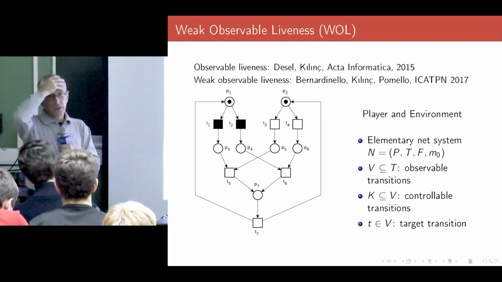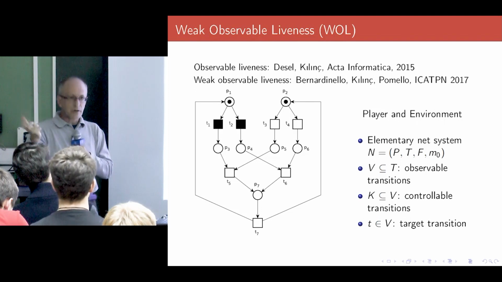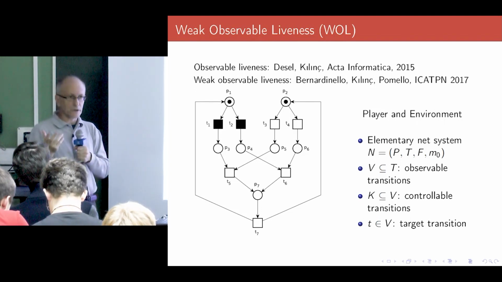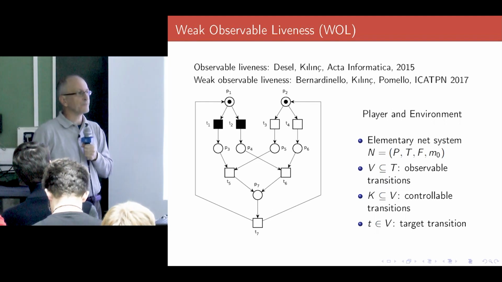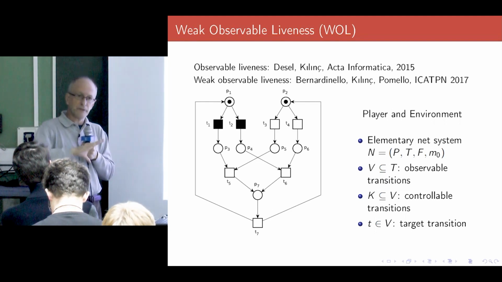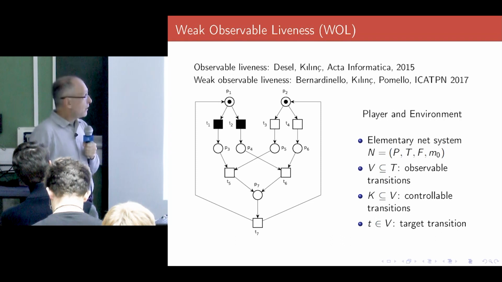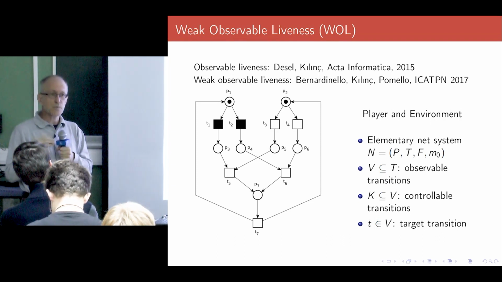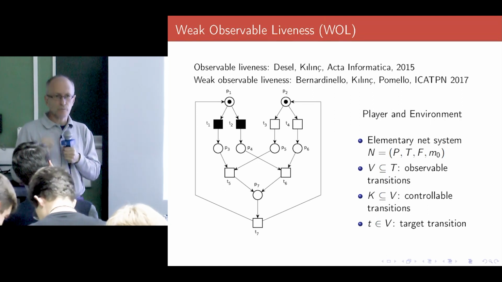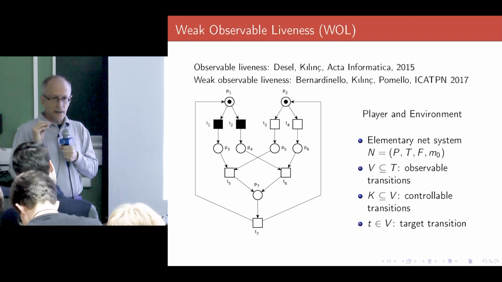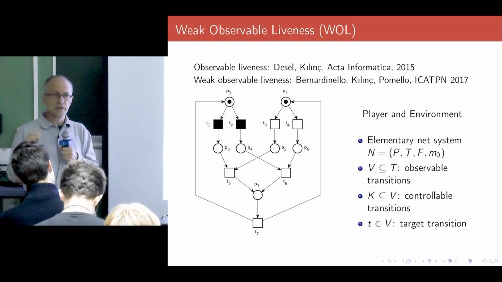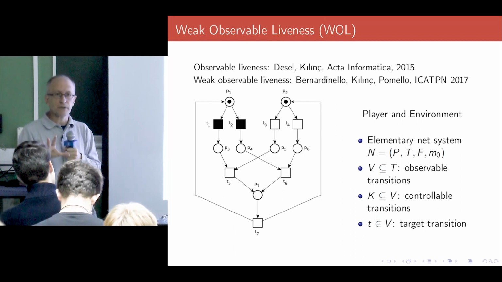So now we have a sort of general notion of game that can be played on unfoldings, on those kinds of infinite Petri nets. Then we tried to apply this idea to a specific problem. Potentially, the game can be applied to many problems, and of course, according to the specific goal of the player, we will define different strategies.